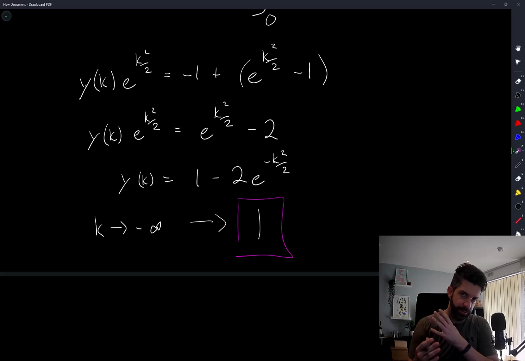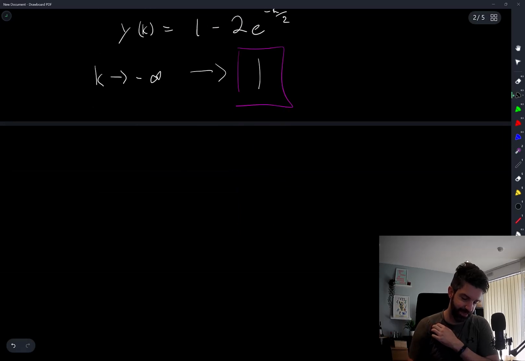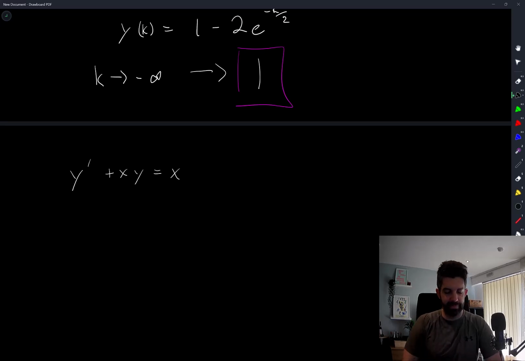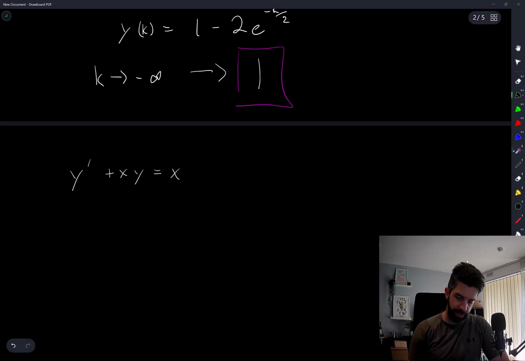And instantly I see another way of doing this. If we just take the original ODE, this is a bit of an ad hoc way of doing it. Maybe not the most rigorous, but if I take a limit as x goes to negative infinity, and that's finite and things are nicely behaved, there's no oscillation or any kind of thing, then y prime has to be equal to 0.